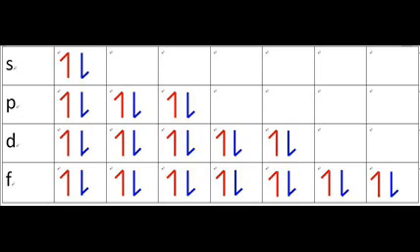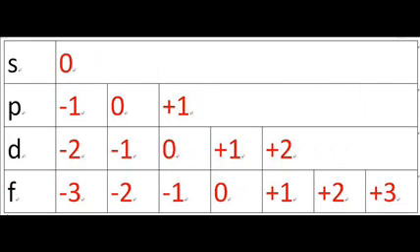In d orbitals, there are 10 electrons, and in f orbitals, there are 14 electrons. Therefore, in the 4th principal energy level, the maximum number of electrons is 32. And here is a chart that can give you a basic idea of how many electrons there are in each orbital, just copying the previous one and adding one group in front and at the back.